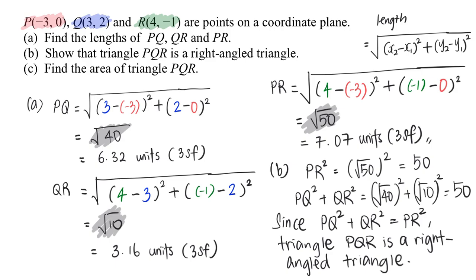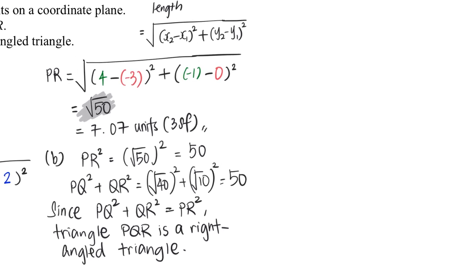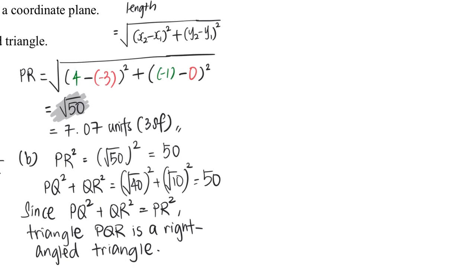And once I know that this is a right angle triangle with PR as the longest side, I would then be able to find the area of a triangle easily by, let me just have one more space as I go to this side, and I'm going to just draw this sketch. Longer side will be square root 50, sorry.